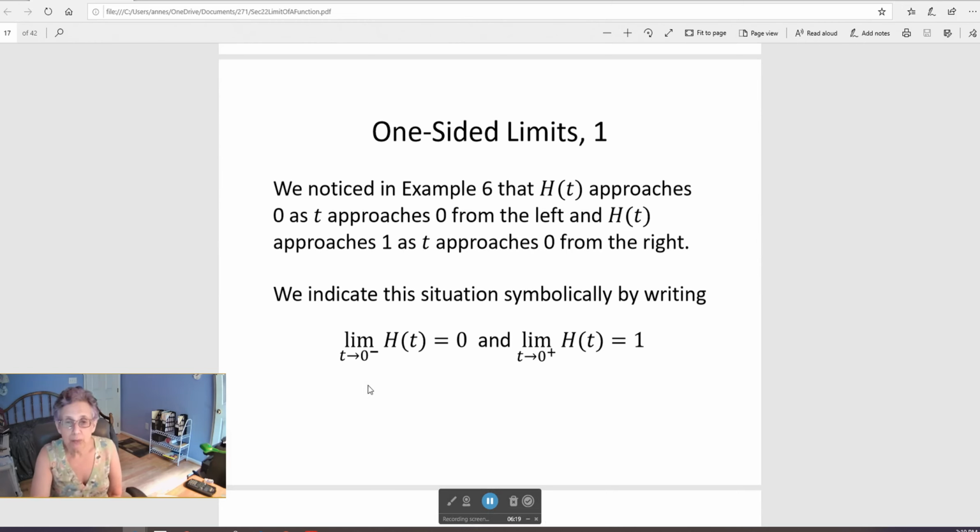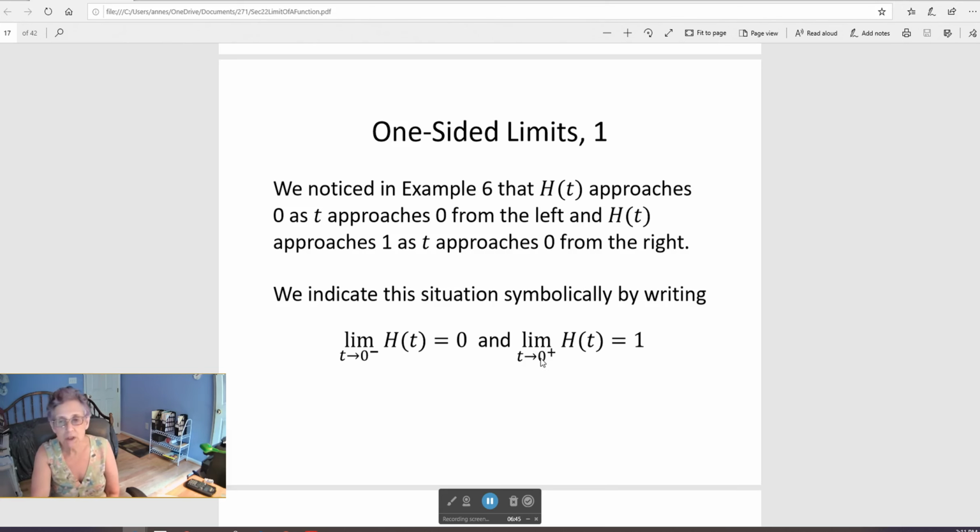So if we approach 0 from the left for the Heaviside function, our outputs approach 0. If we approach 0 from the right, our Heaviside function gets closer and closer to 1. And that's our notation, the little negative sign next to 0 means we're approaching from numbers smaller than 0.